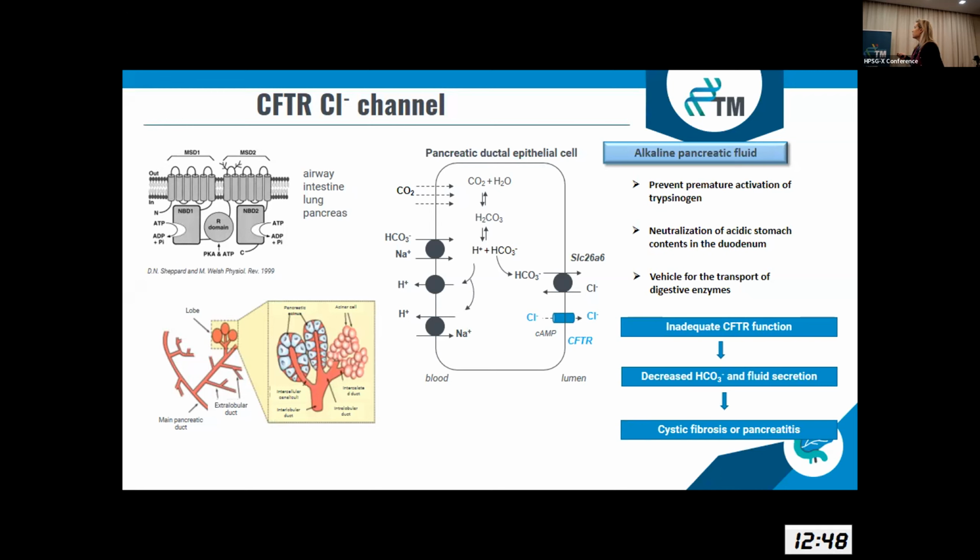It prevents premature activation of trypsinogen, plays a role in the neutralization of the acidic stomach contents in the duodenum, and also provides a vehicle for the transport of digestive enzymes. In the case of inadequate function of this CFTR channel, this leads to a decrease in bicarbonate and fluid secretion, and this can cause cystic fibrosis or increase the risk of pancreatitis development.